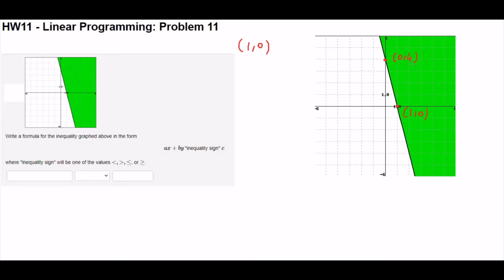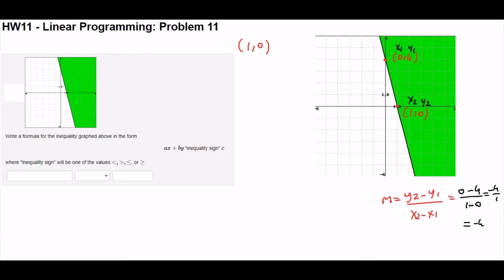Since we have 2 points on this line, we can find the slope. Slope is y2 minus y1, which is delta y, over x2 minus x1, which is delta x. So here, this is our x1, y1, x2, y2. So 0 minus 4 over 1 minus 0 is negative 4 over 1, which is negative 4.